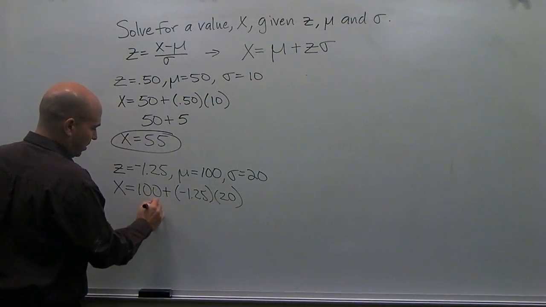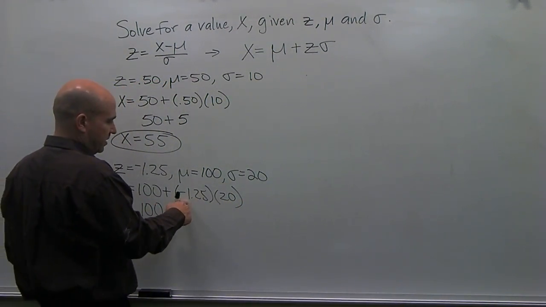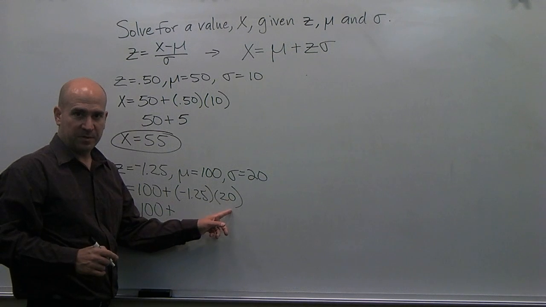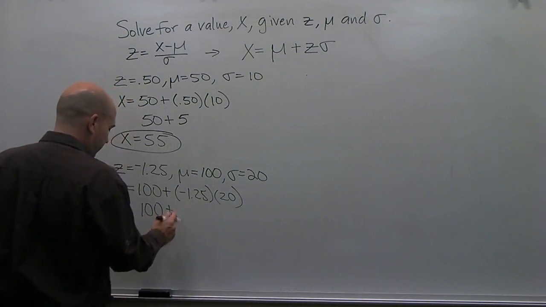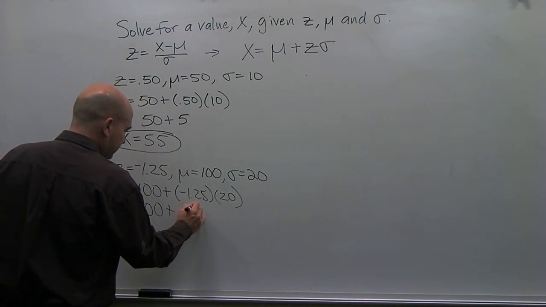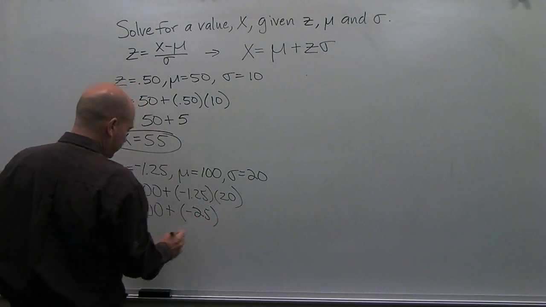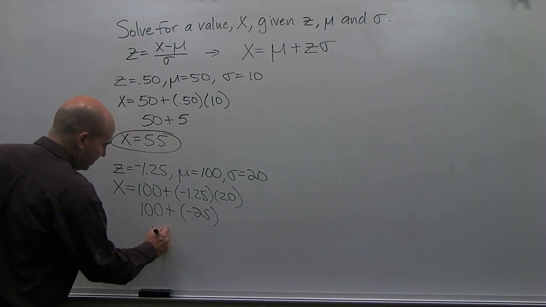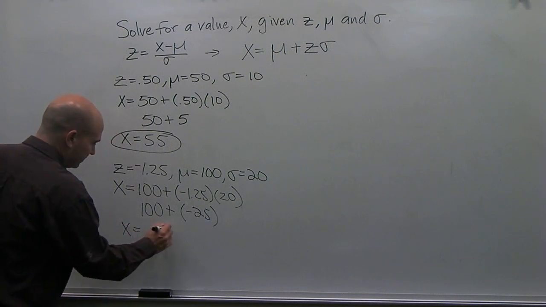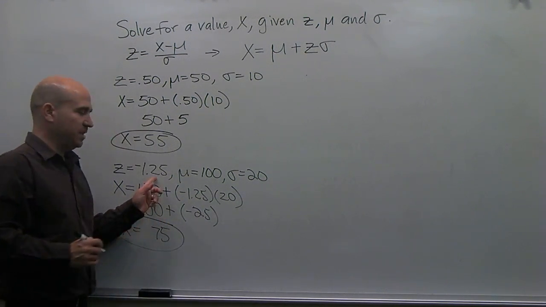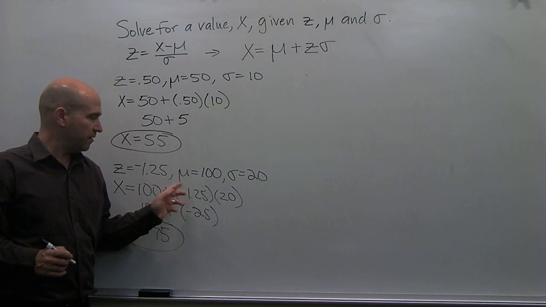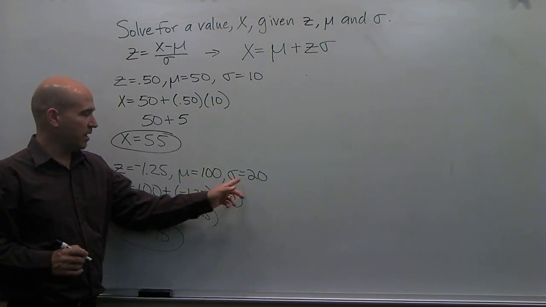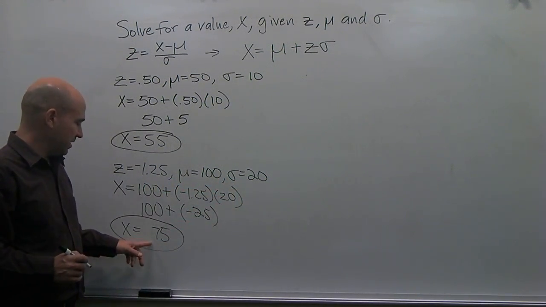So this gives us 100 plus negative 1.25 times 20, which you could solve for in your calculator, is plus a negative 25, which is equal to 100 minus 25, which is 75.